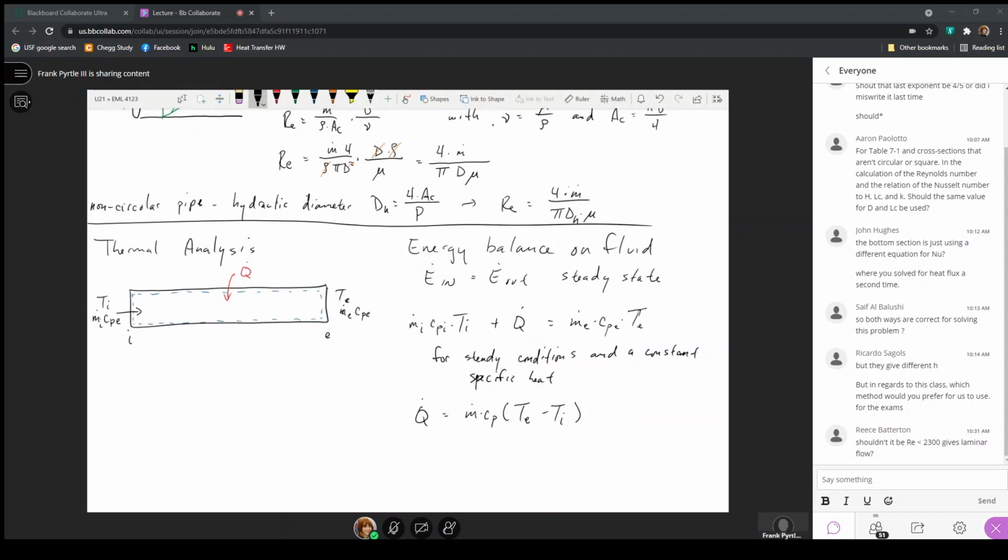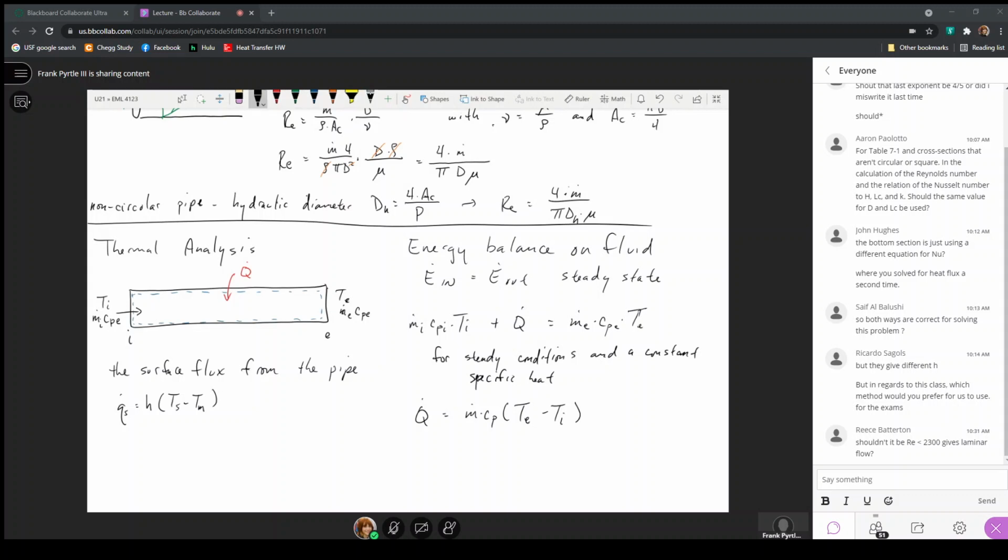So the surface flux from the pipe here is by convection, and it says the heat flux from the surface, q dot sub s, is equal to the heat transfer coefficient times Ts minus Tm.